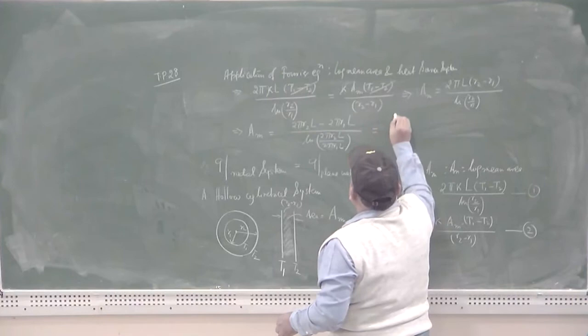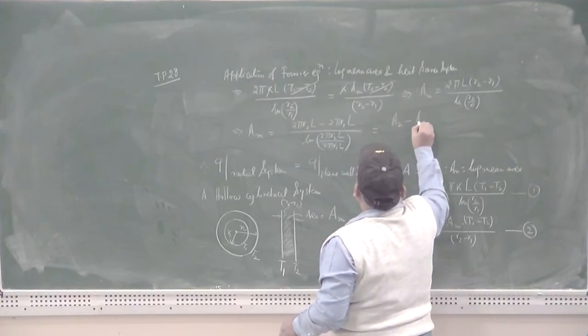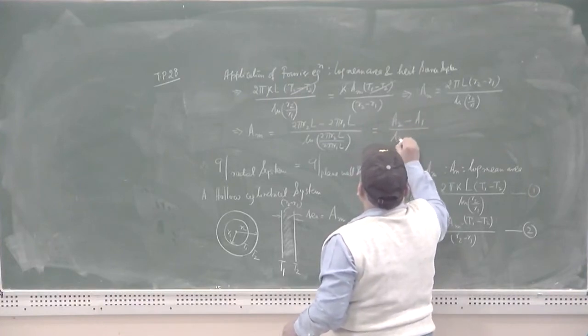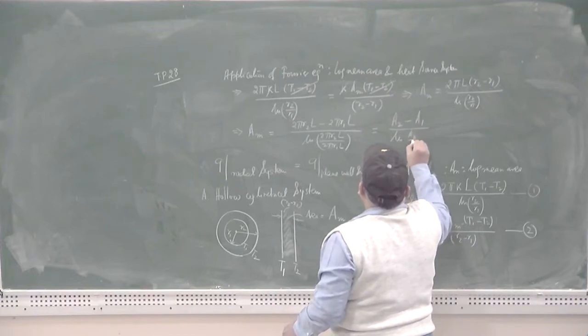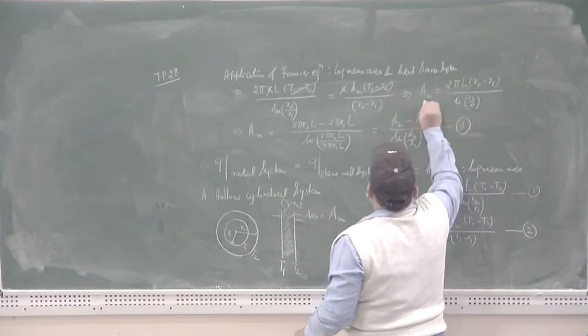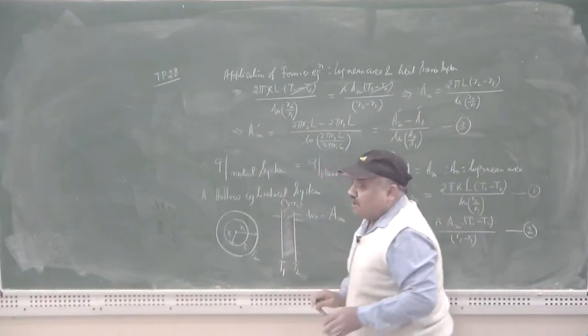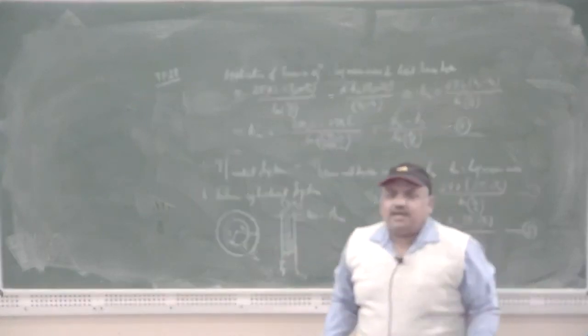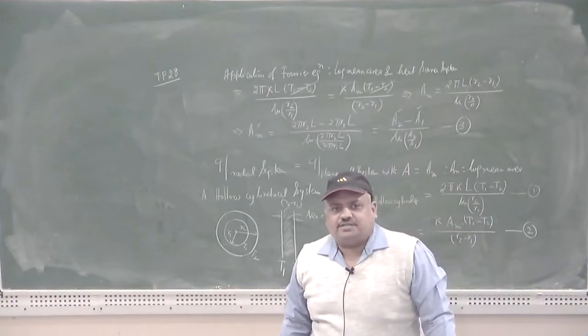So, this is written as A2 minus A1 divided by ln A2 upon A1. This is the relationship which is existing between A1, A2 and AM for a hollow cylindrical system.